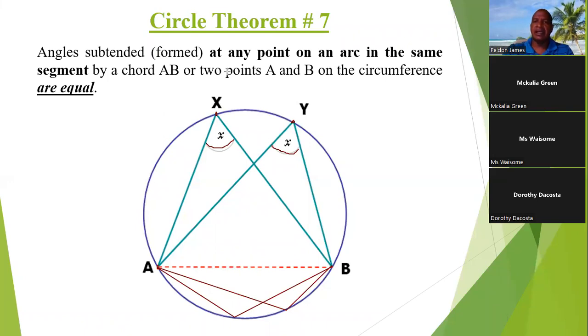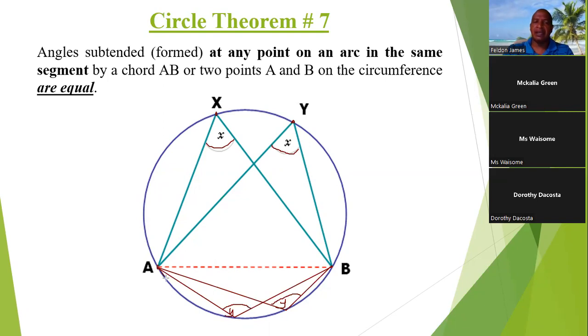So this angle down here, if you call it Y, it will be the same as this angle over here, which is also Y. Wherever they form within the same segment, they're all going to measure the same.